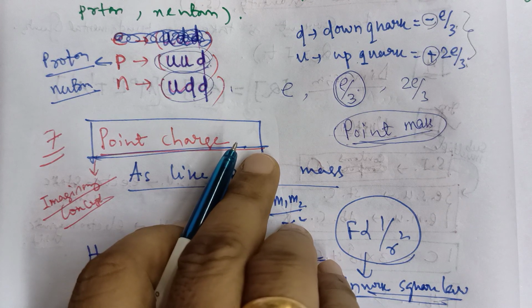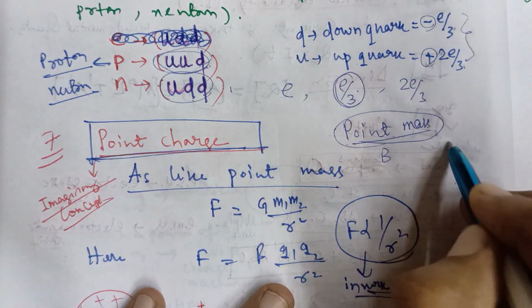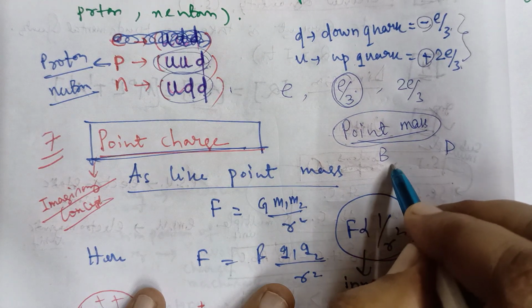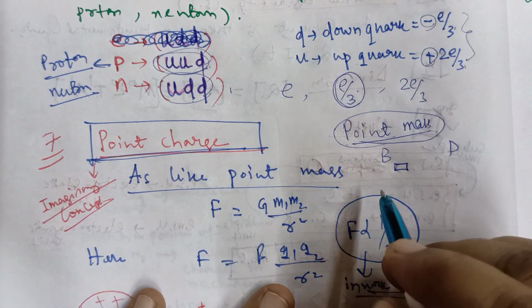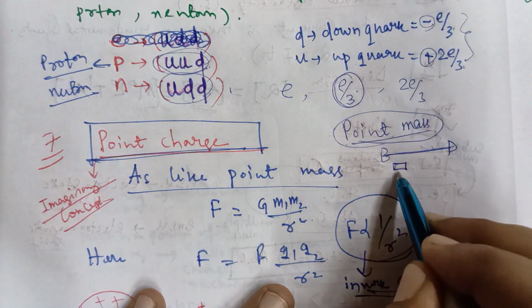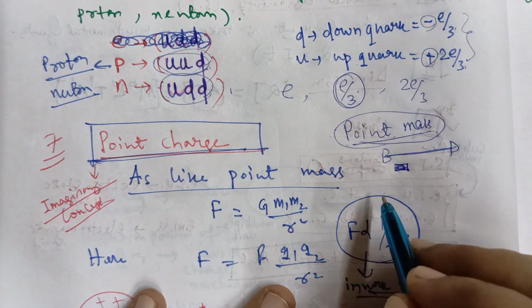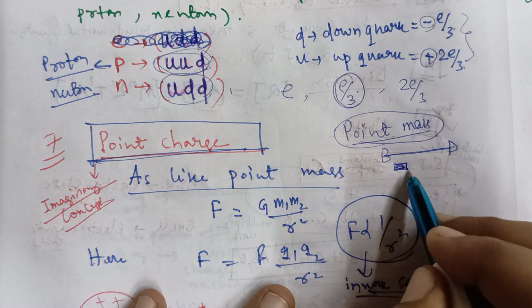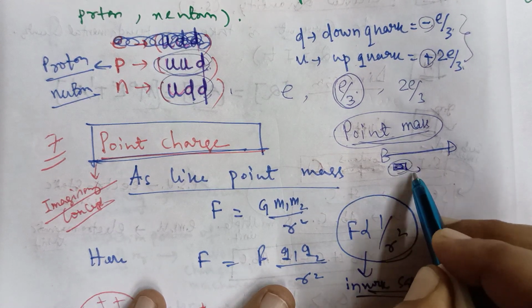Now compare the distance from Bhubaneswar to Delhi with the size of the bus. With comparison to the distance, the size of the bus is very small. So here you can say that the bus is a point object.